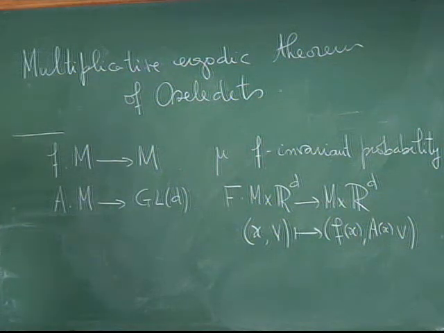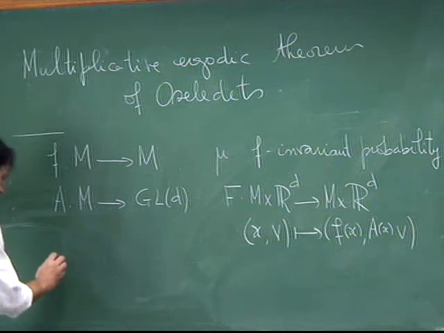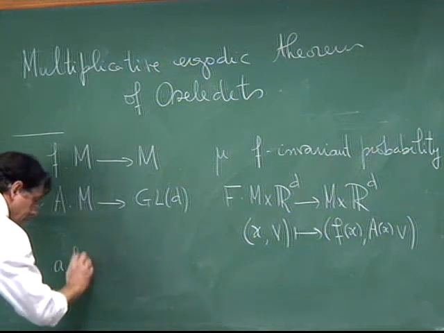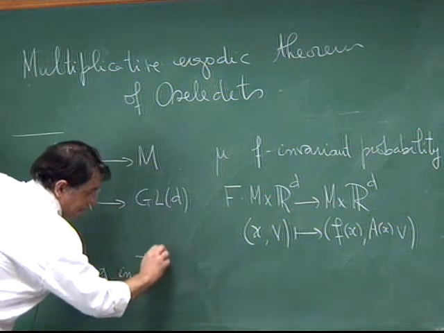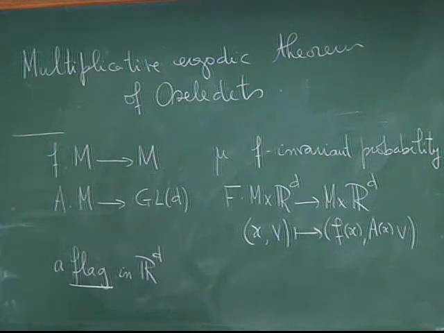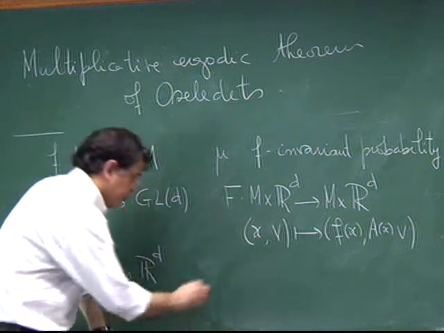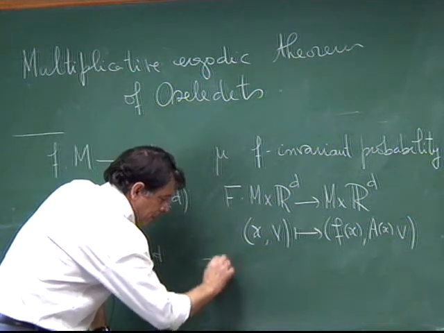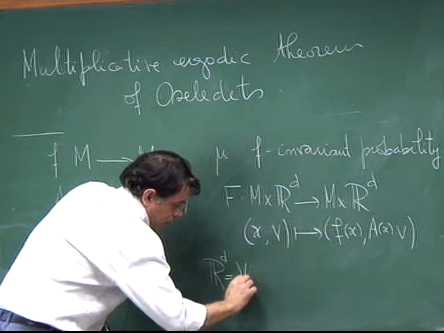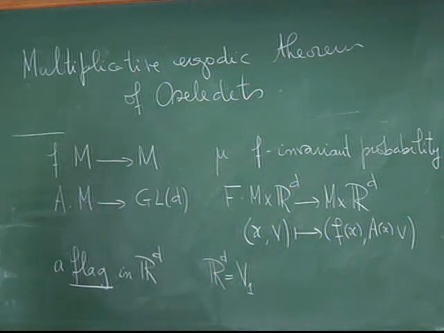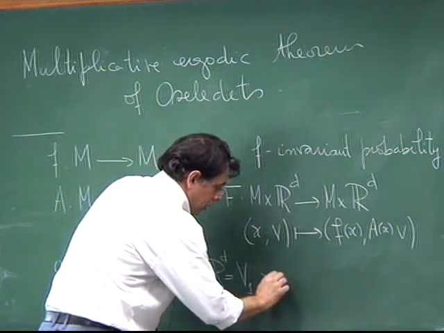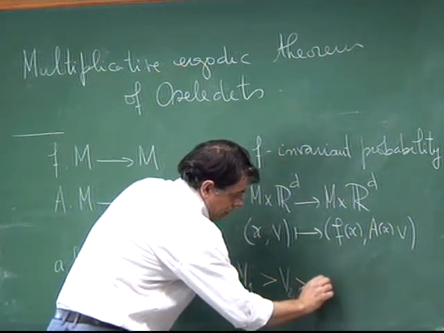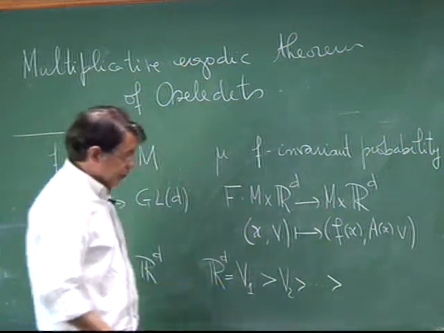And I need some notation, a flag in R^d is a finite sequence of subspaces V1, V2, ..., Vk. V1 is R^d, and then the sequence must be strictly decreasing.